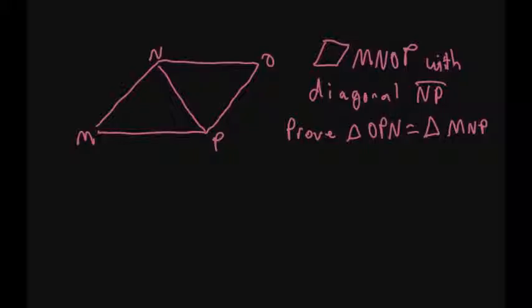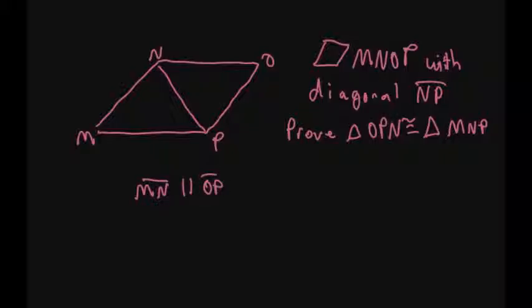Alright, so now I'm given parallelogram MNOP with the diagonal NP, and I need to prove that triangle OPN is congruent to triangle MNP. So first, I know that MN is parallel to OP.